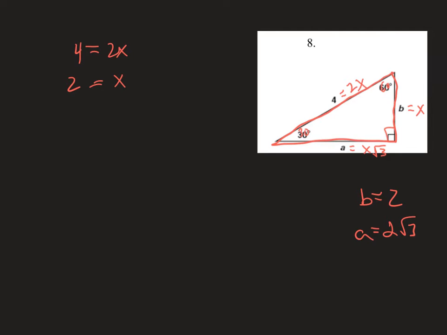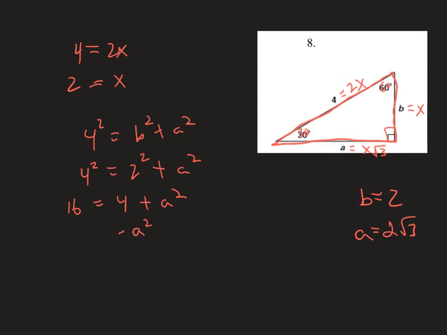But just for the record, if 4 is the hypotenuse, then 4 squared should be equal to b squared plus a squared. And we just said that b was worth 2. So 4 squared is equal to 2 squared plus a squared. That's 16 equals 4 plus a squared.